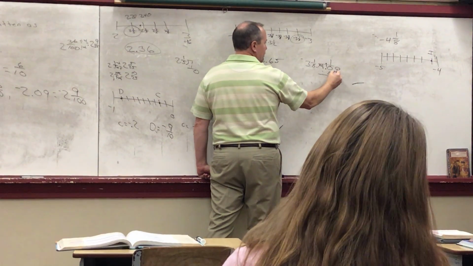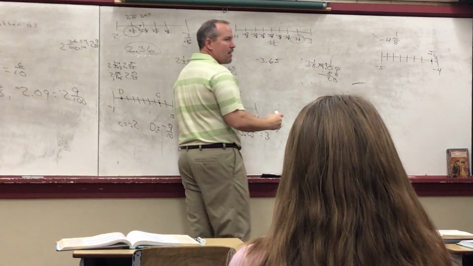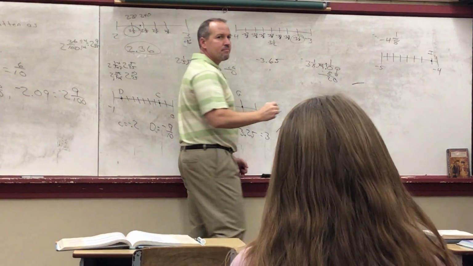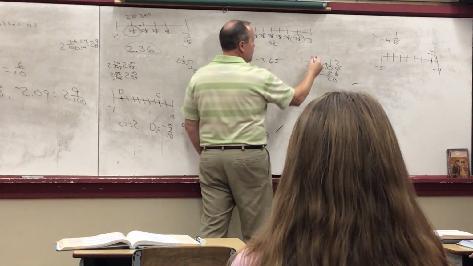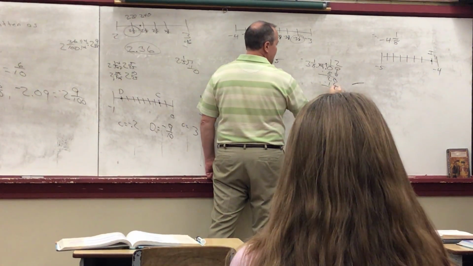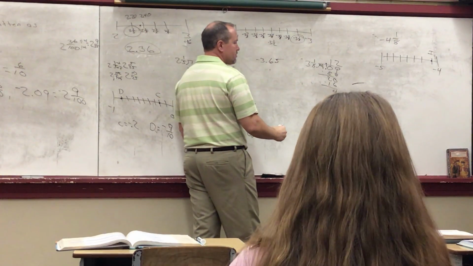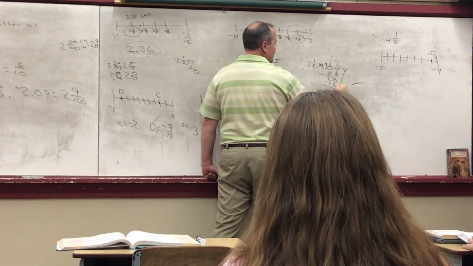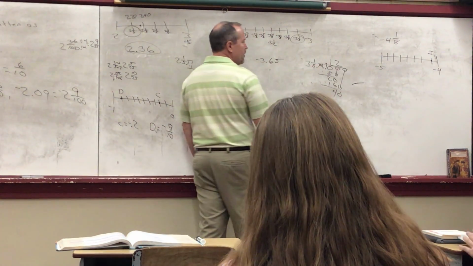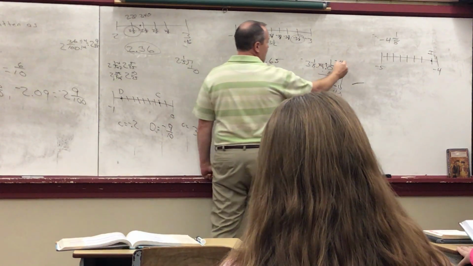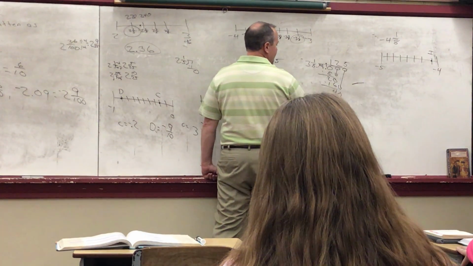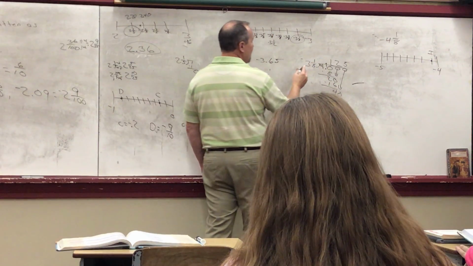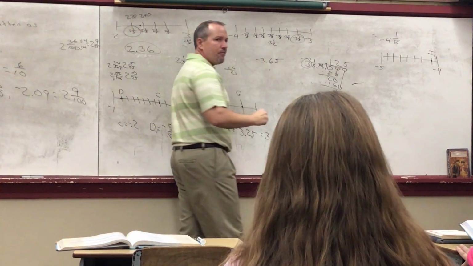Add another 0. Bring that 0 down. 8 goes into 20 how many times? 2. 2 times 8 is 16. Subtract, I get 4. Add another 0. Bring that 0 down. 8 goes into 40 how many times? 5. 5 times 8 is 40. Subtract, I get 0. Don't forget my whole number.